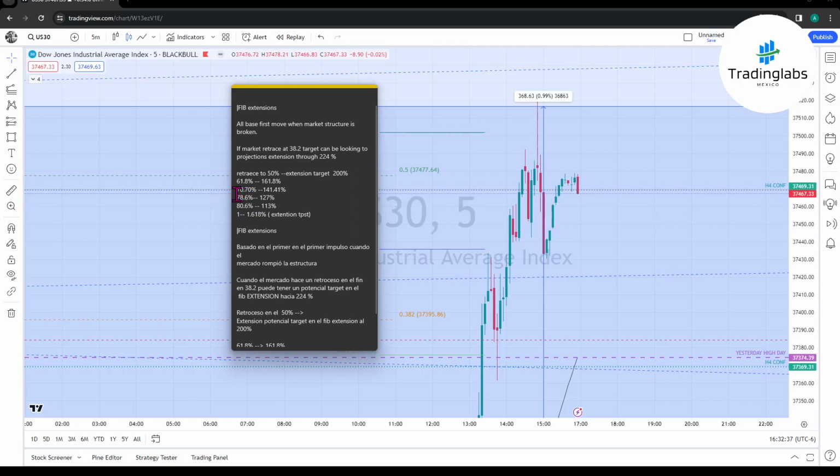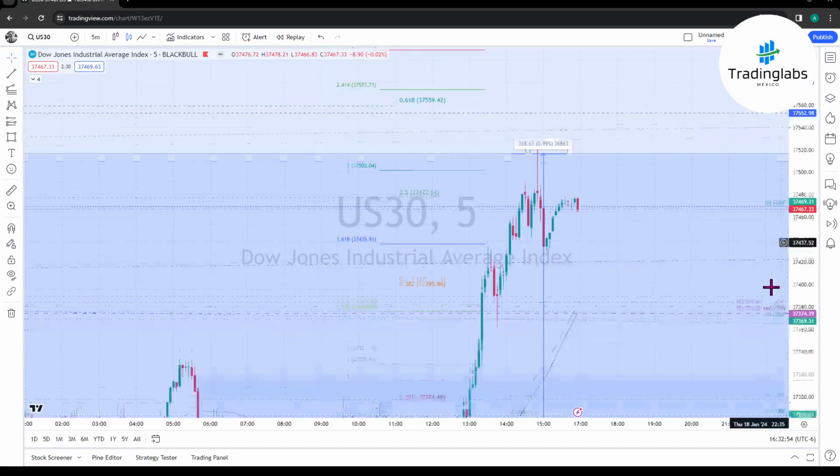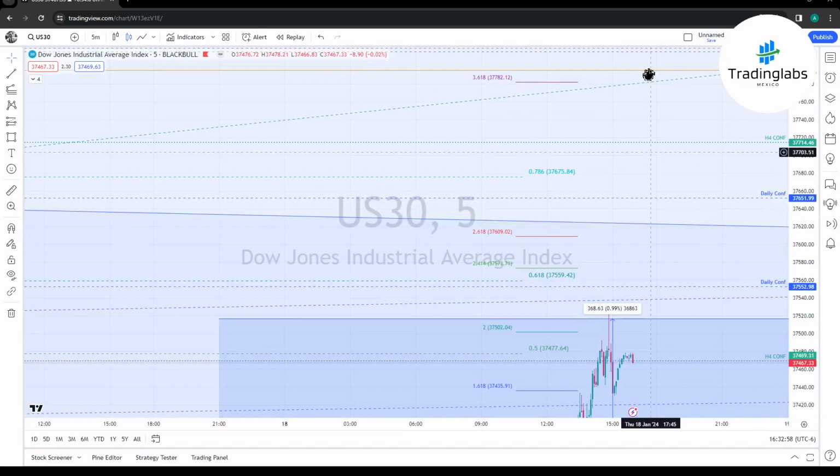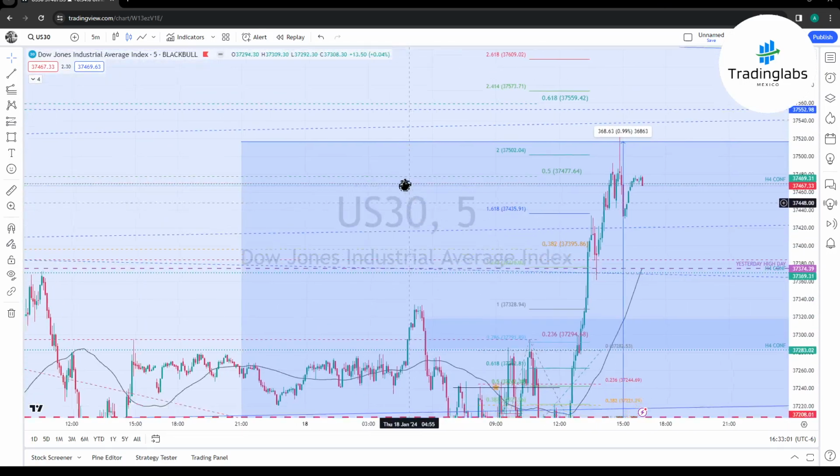Okay, here. Reaction on the 78.6% of the Fibonacci retracement, we can have a potential of 127% using Fibonacci extension. Where is that bastard? 1.272, here.